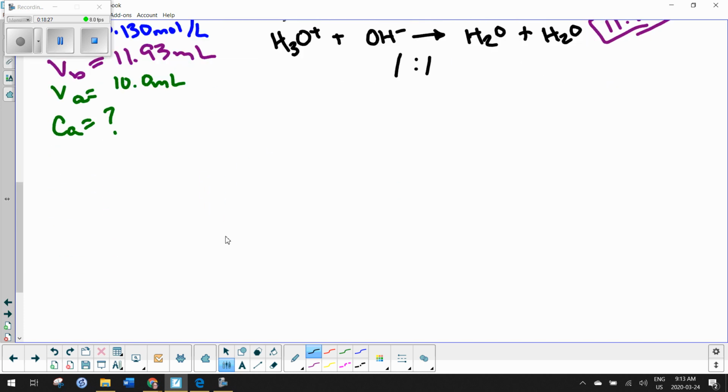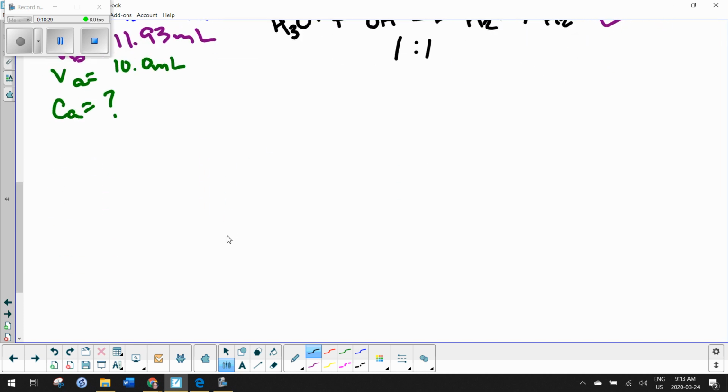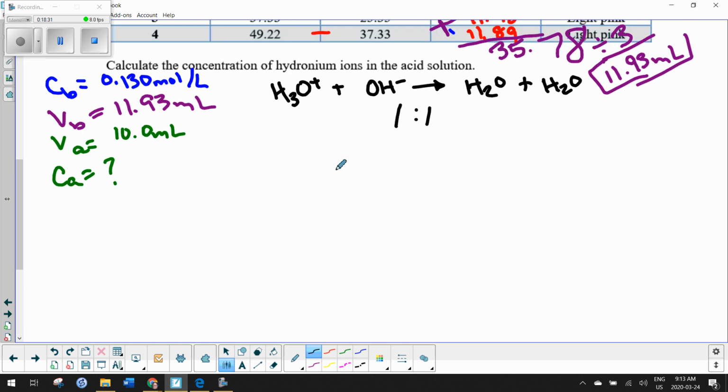Okay, so Chem 20 way. We're maybe half done. So we know that we have some data here. These two go together, and these two go together. So we have a C and a V for a base.